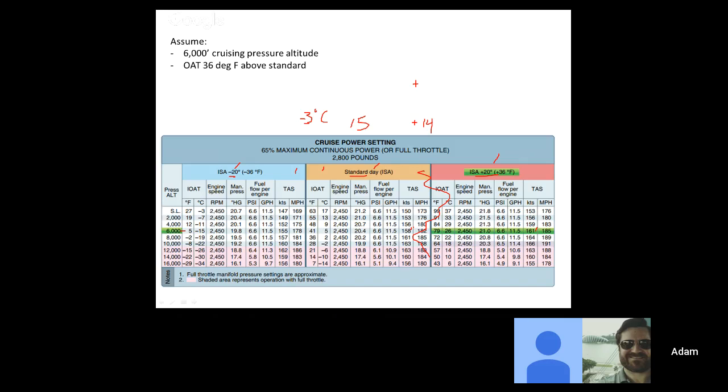For instance, true airspeed: 158 in this table and 155 in this table. Since the temperature I'm picking is halfway between the standard temperature and the -20 table, I've got to find the halfway point between 158 and 155. In other words, I have to interpolate between the two values.